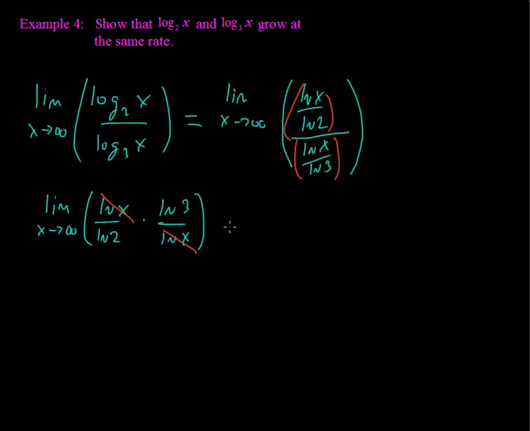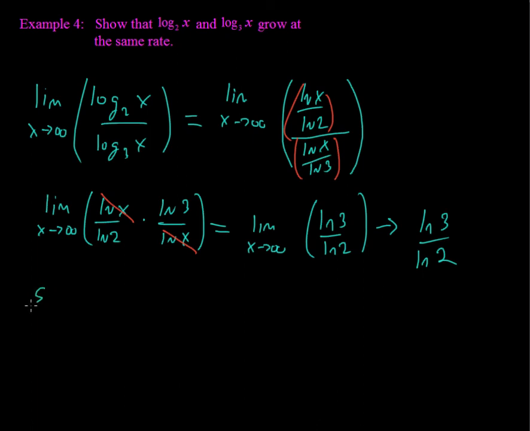They divide out to be 1. And so then this ends up being the limit as x approaches infinity of ln of 3 over ln of 2, which is equal to ln of 3 over ln of 2. I actually did an extra step that I didn't have to do there, but that's okay. So you can see that ln of 3 over ln of 2 would indeed be a non-zero finite constant.